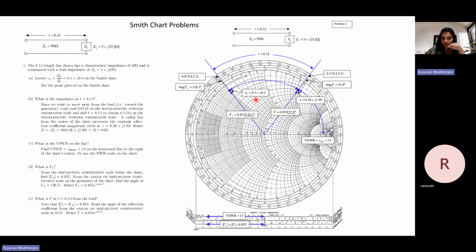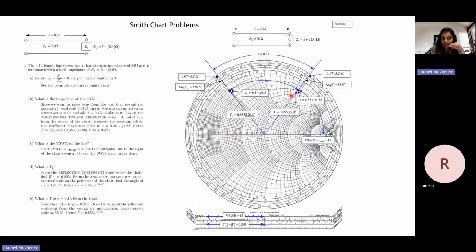Now for the Smith chart, we know that as the radius of these circles decreases, the resistance increases, right? So any point here would correspond to larger resistances, while the points here will correspond to the smaller resistances.